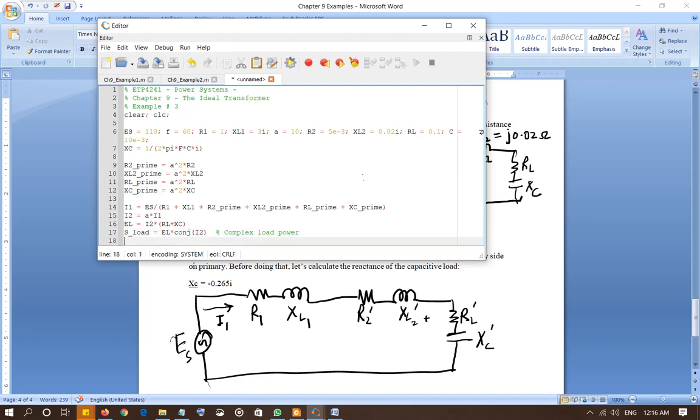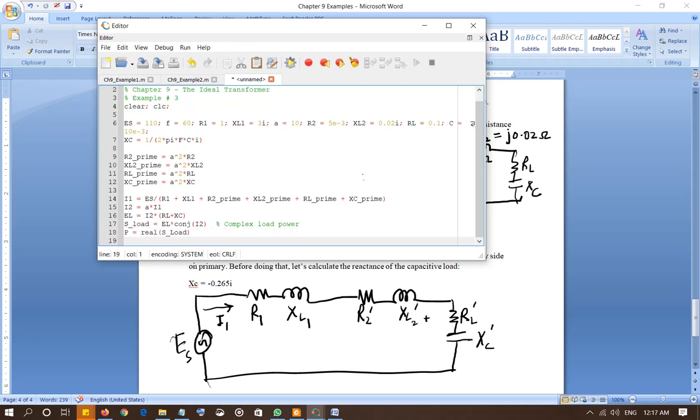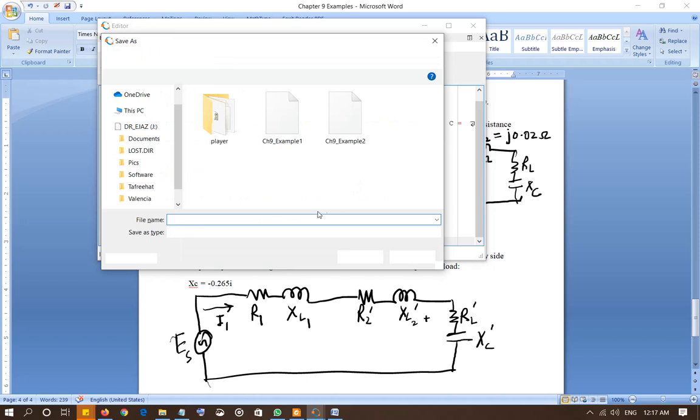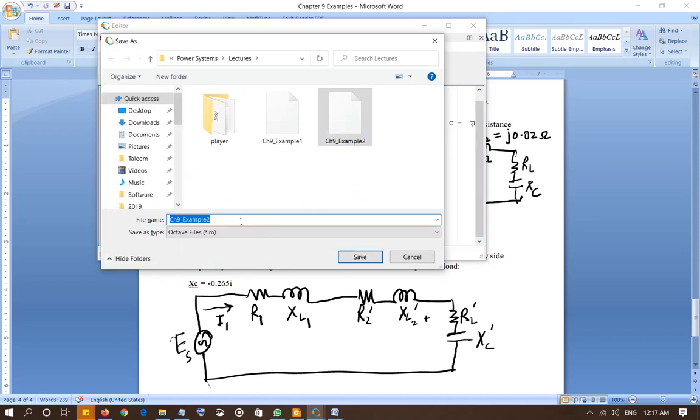So that means the active power is going to be the real part of S load, and reactive power is going to be the imaginary part of S load. So that's my example number 3.